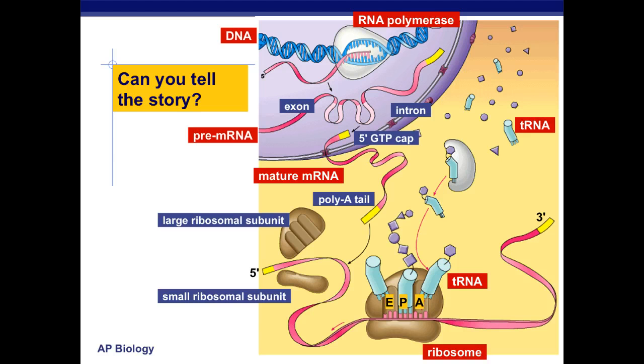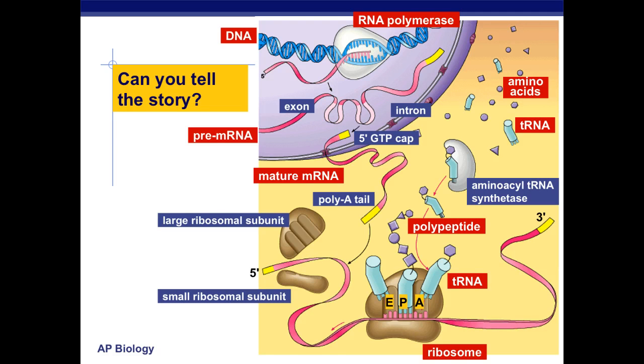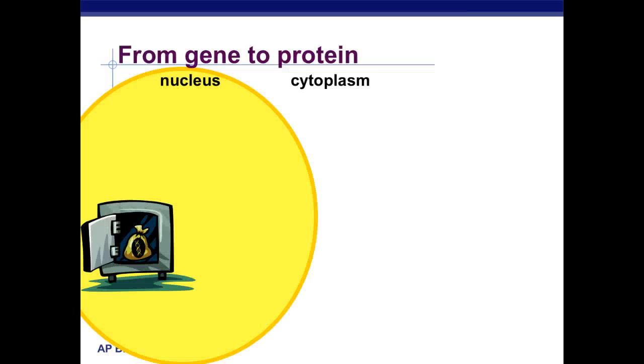The tRNA will also be freestanding, collecting the amino acids needed for the polypeptide chain, and the amino acids are freestanding within the cytoplasm. There is aminoacyl tRNA synthetase, which helps add the amino acids to the tRNA, which it'll then help form the polypeptide chain.